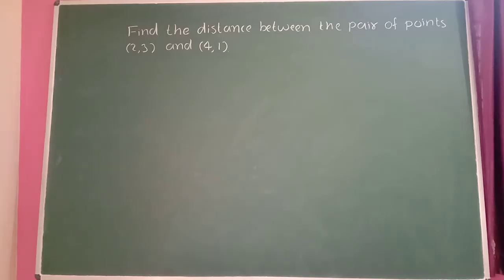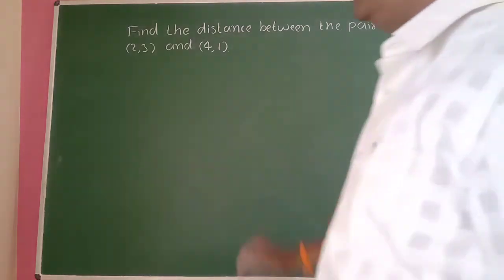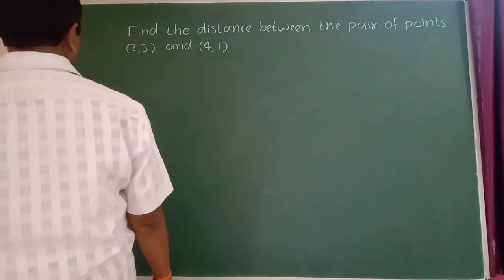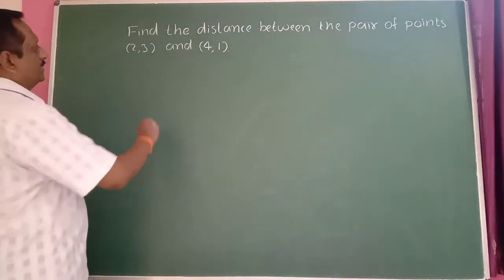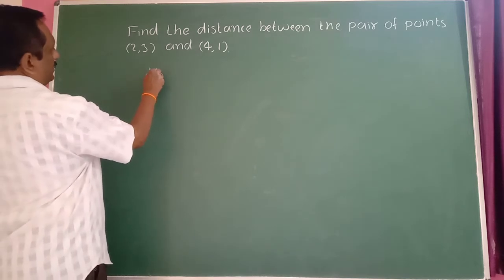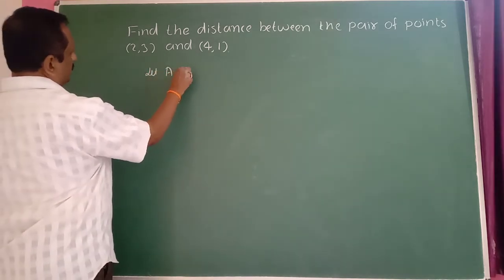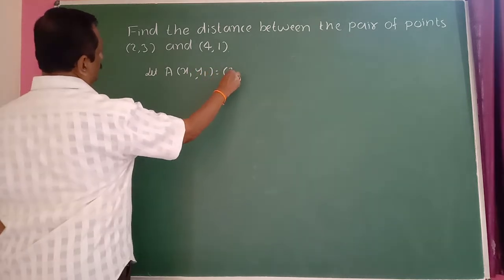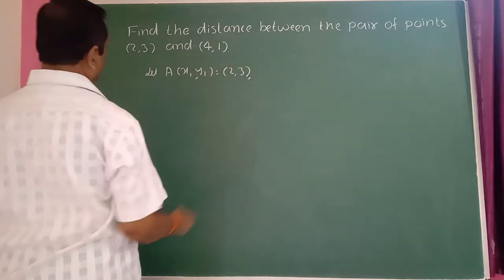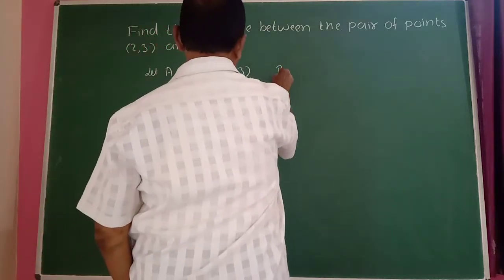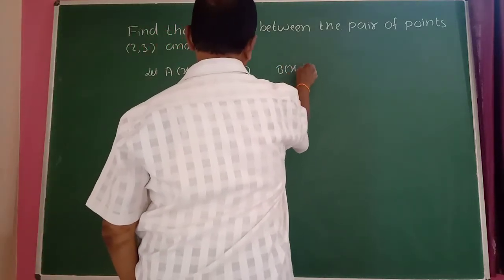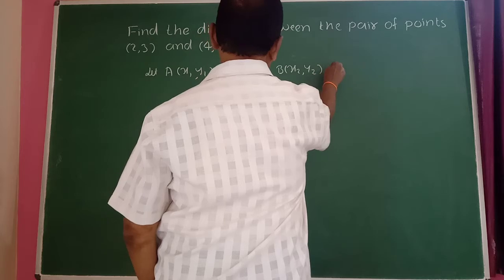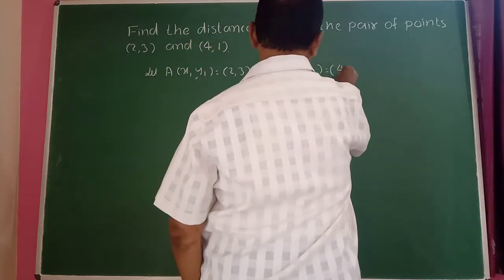Example: find the distance between the pair of points 2, 3 and 4, 1. They ask how much the distance between these two points would be. Okay, let us consider the point A as x1, y1 equal to 2, 3, and the point B as x2, y2 equal to 4, 1.